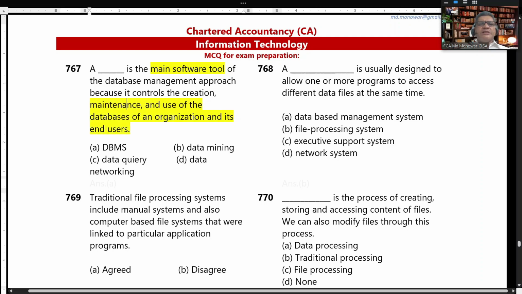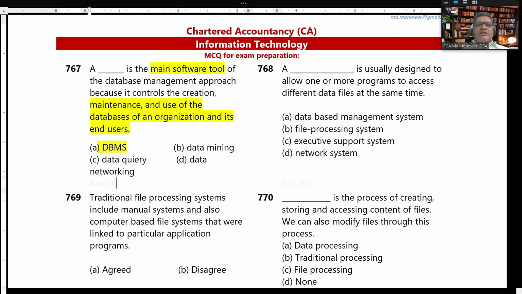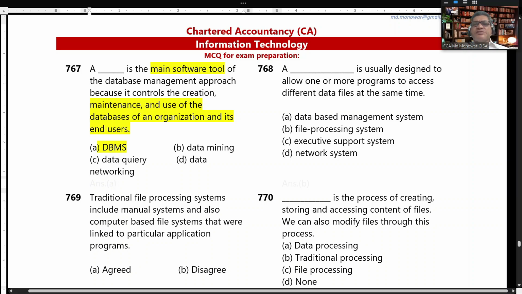So here a DBMS, a database management system, is the main software tools of the database management approach because it controls the creation, maintenance, and use of the database of an organization and its end users. Answer A.